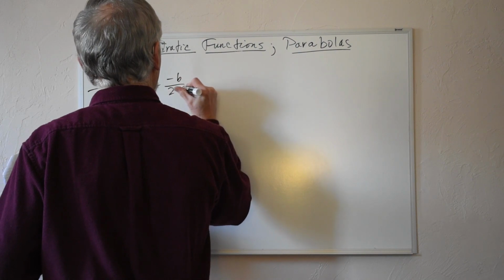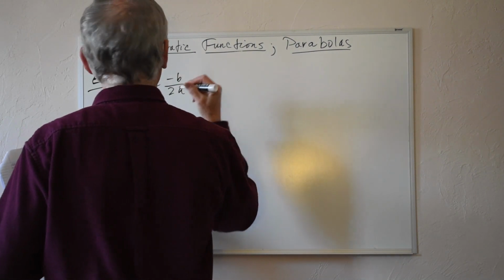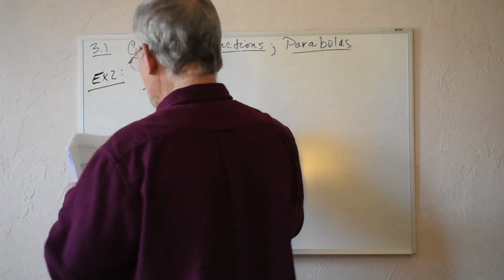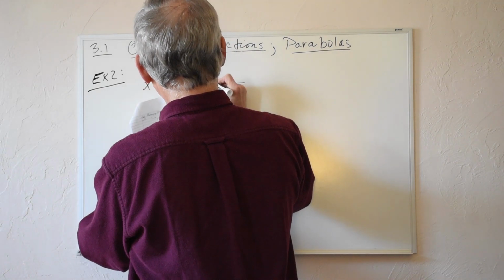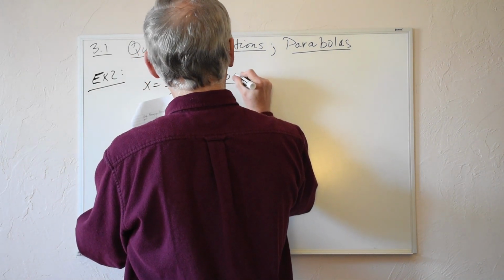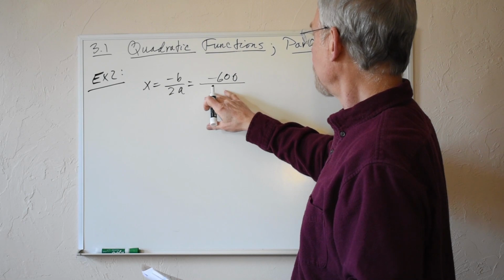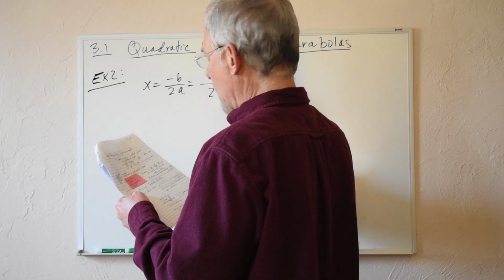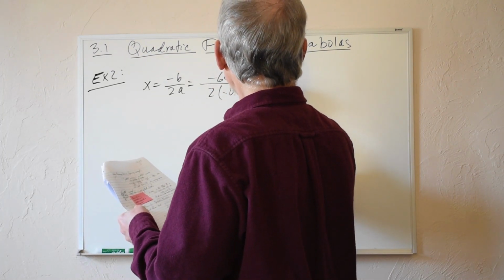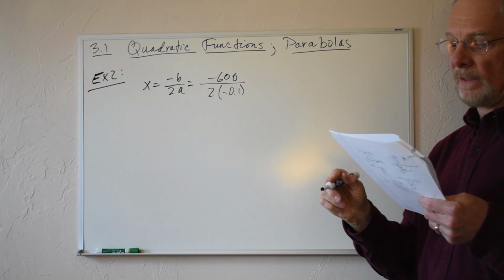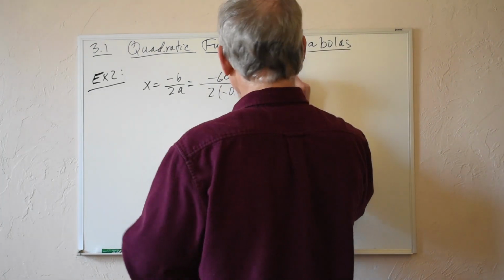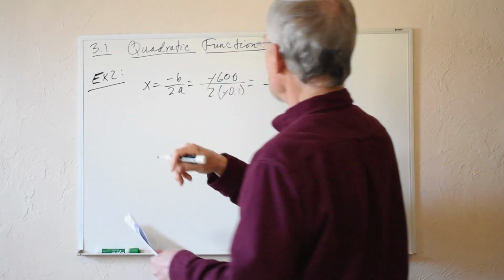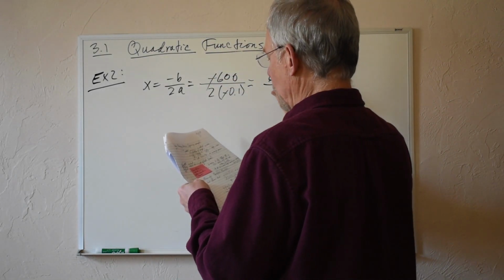So, if I locate my vertex, I'll figure out how many TVs we have to sell. B is 600, so minus B is minus 600 over 2 times A. A is negative 0.1. If I just cancel out my minus signs, I can make life a little easier.